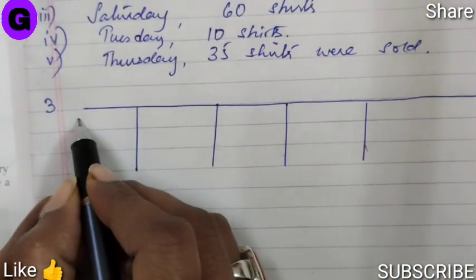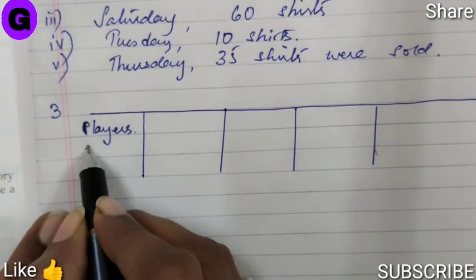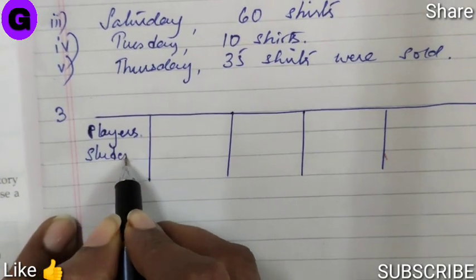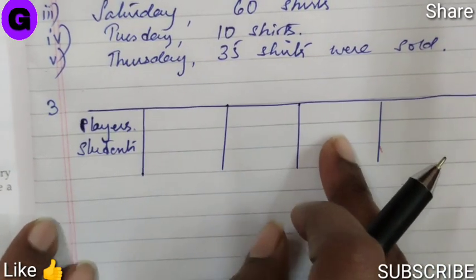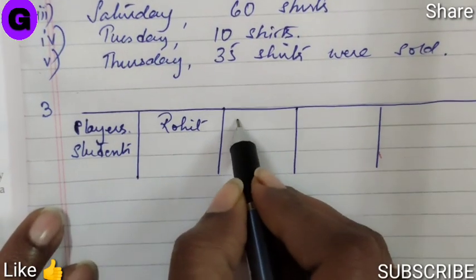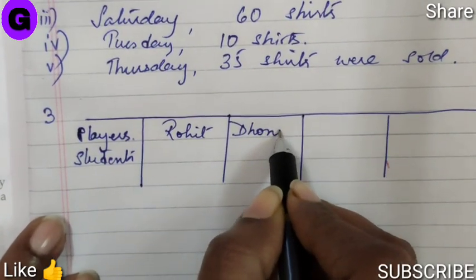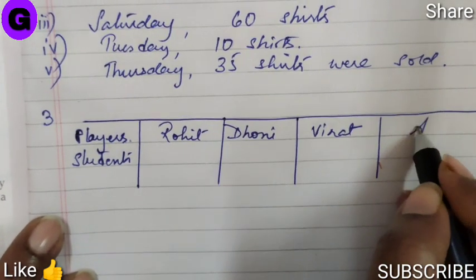The first will be players, next will be students. So in this column we are going to write the name of the players. So first is Rohit, then comes Dhoni, then comes Virat, and last is Ashwin.